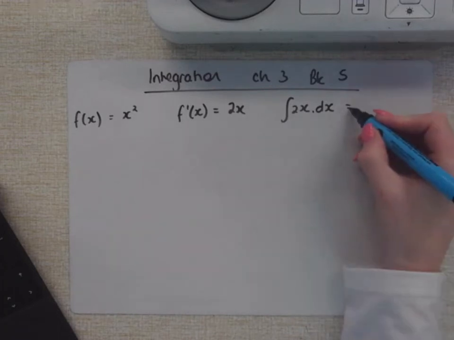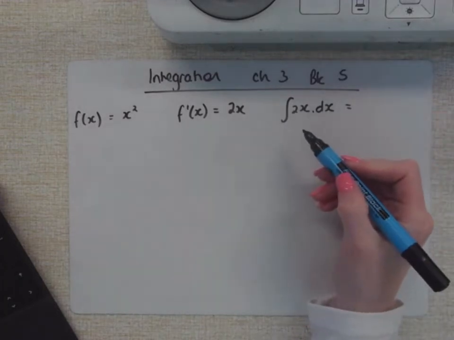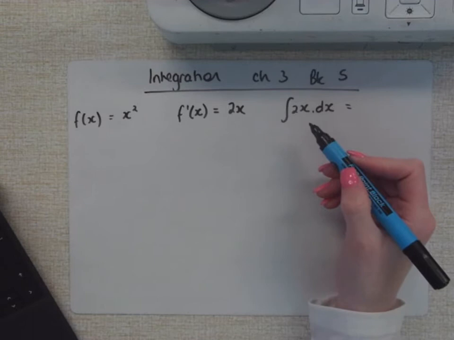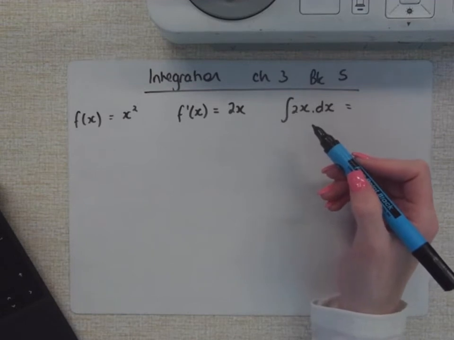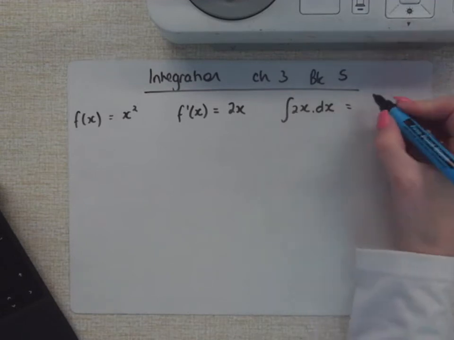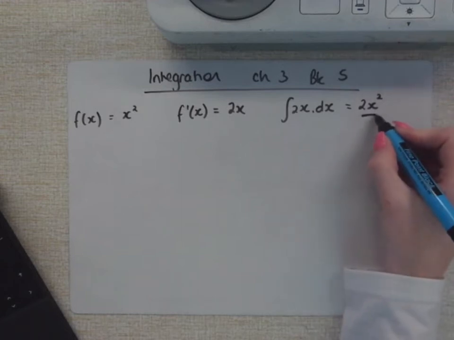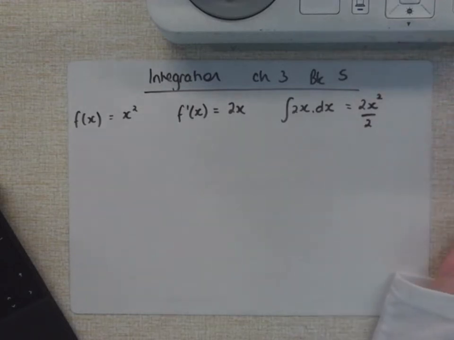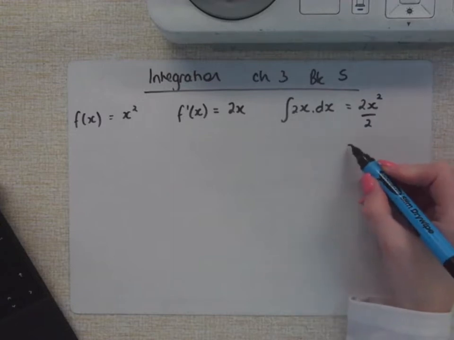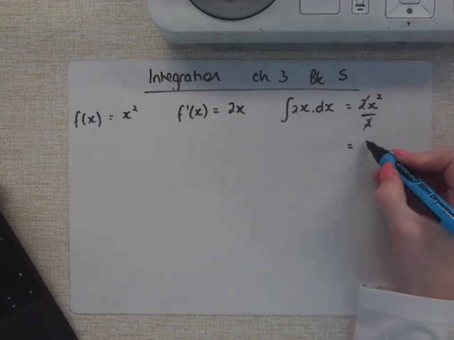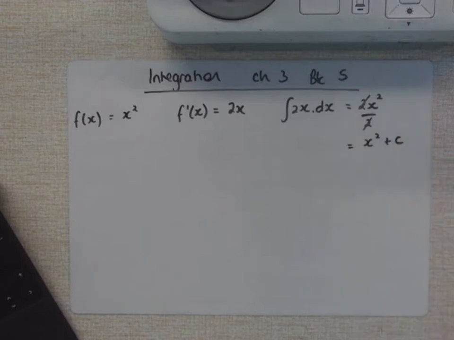The integral of that, what was our rule? Increase the power by 1 and divide by the new power. So this would be 2x to the power of 2 over 2. Okay? And the 2 and the 2 cancel, and we add on a constant of integration, plus c.